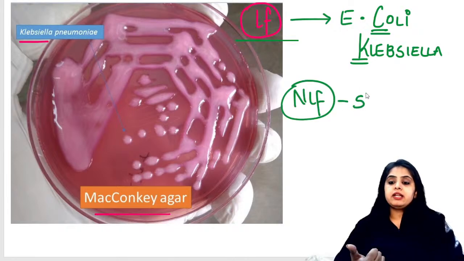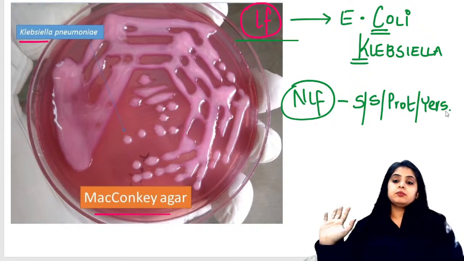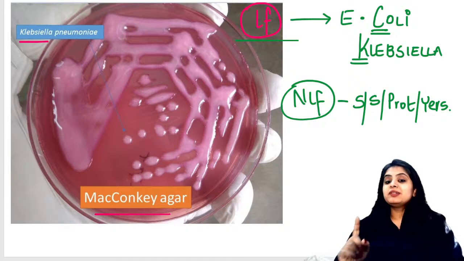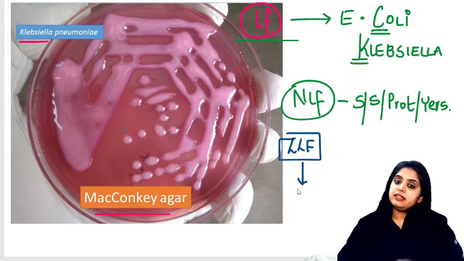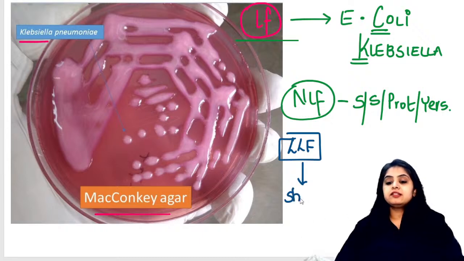If I write Salmonella, Shigella, Proteus, Yersinia, everything else becomes a non-lactose fermenter. But the twist in the story: who is waking up late as a lactose fermenter? Initially it is not, then it wakes up late. It was sleeping and then it woke up late. And which organism is that?